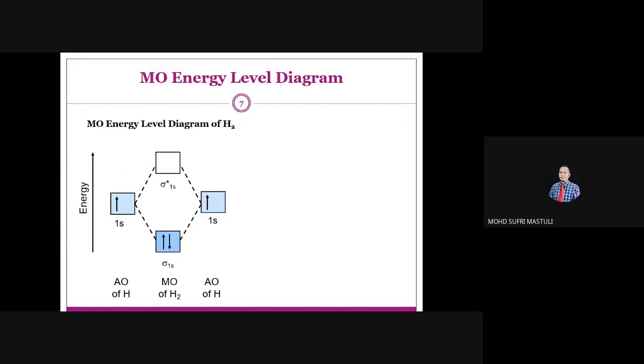Okay. So again and again in organic chemistry, we draw a lot of molecular orbital energy diagrams. All right. So the energy level diagram of molecular orbitals for any molecule is quite similar.